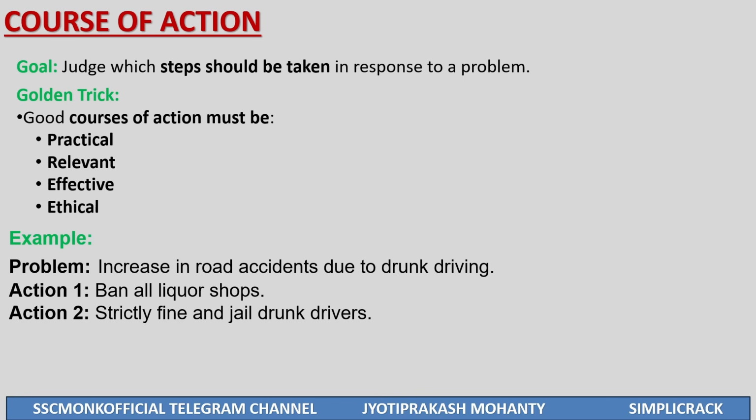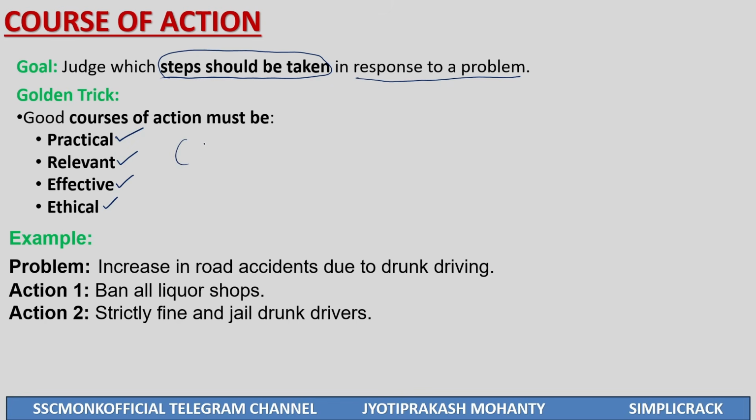So now let's start with the course of action. Course of action means what actual steps should be taken to respond to the problem or to solve the problem. Whenever you are approaching course of action questions, your job is to ensure that whatever course of action you are taking is practical, relevant, effective, and ethical.